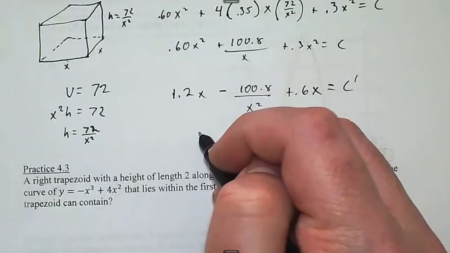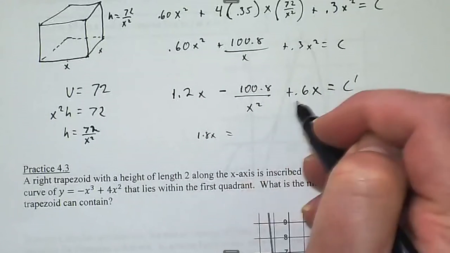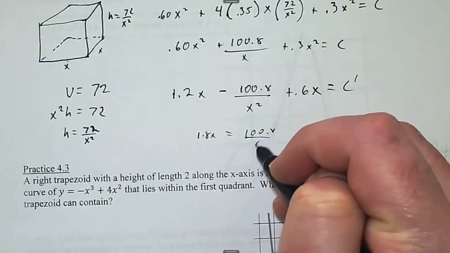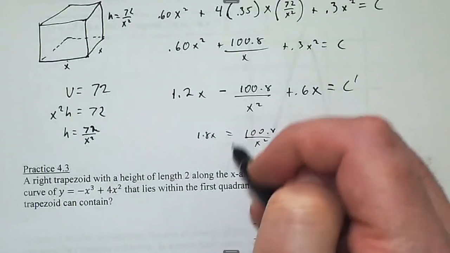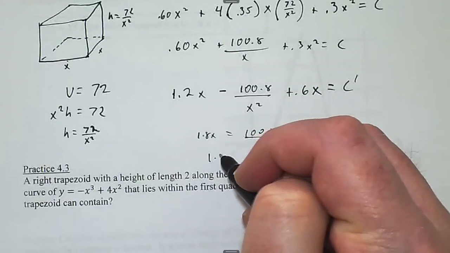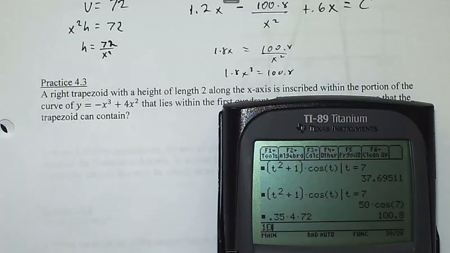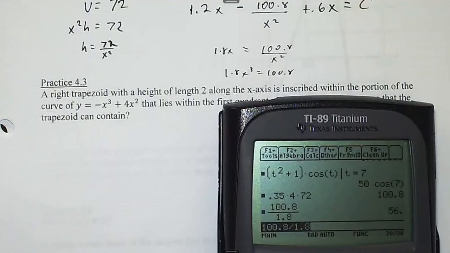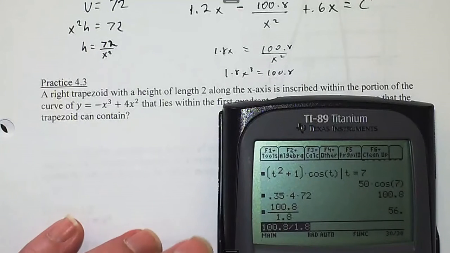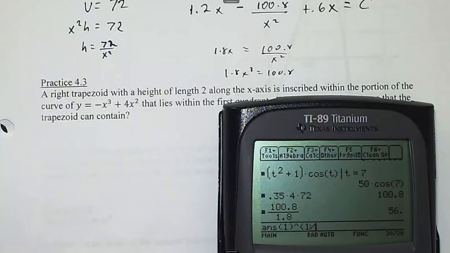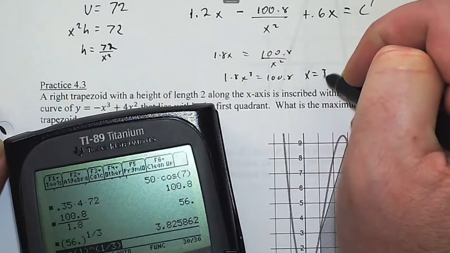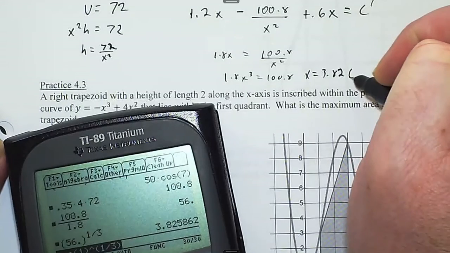These two make 1.8x. Move that to the other side. So I get 1.8x cubed equals 100.8. And then I'll use the calculator at this point though. 100.8 divided by 1.8. And then I'll take the cube root of that. So I'll just raise it to the 1/3 power. So x is equal to 3.826.